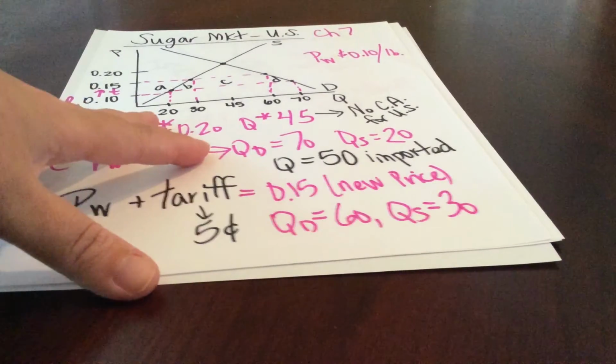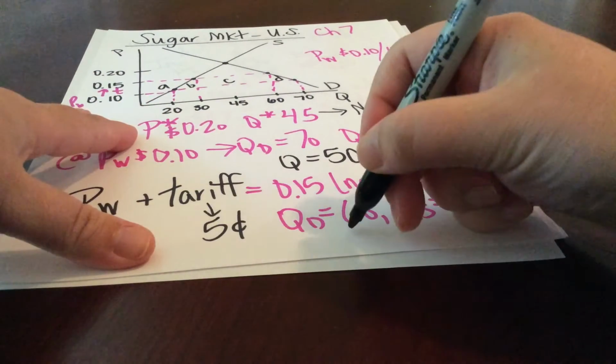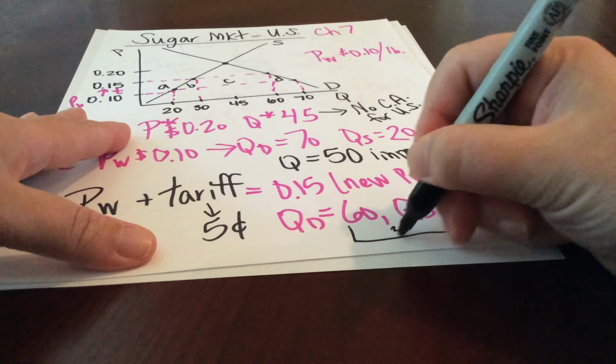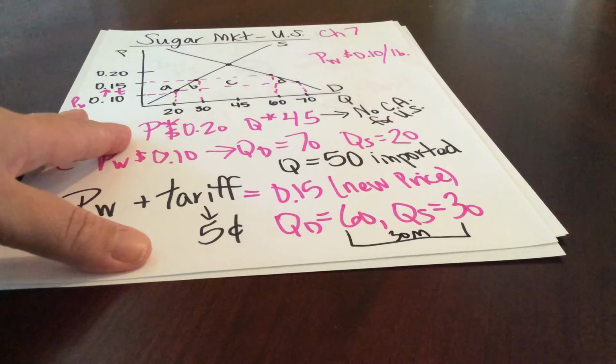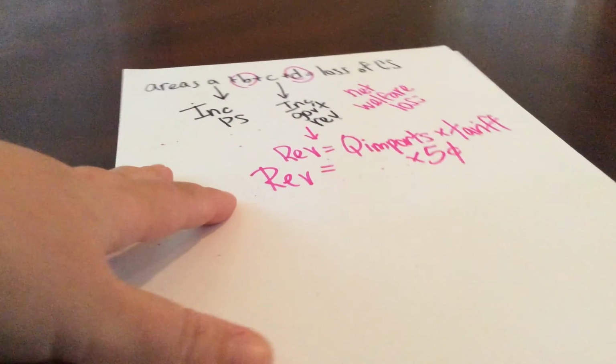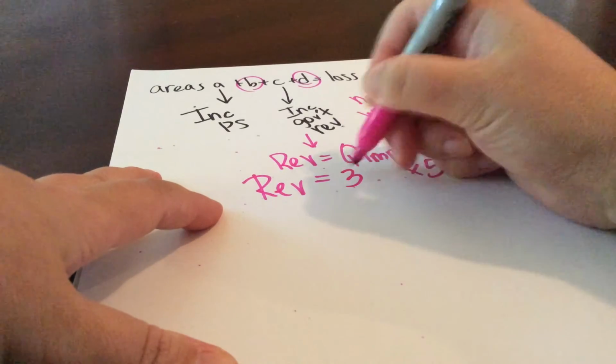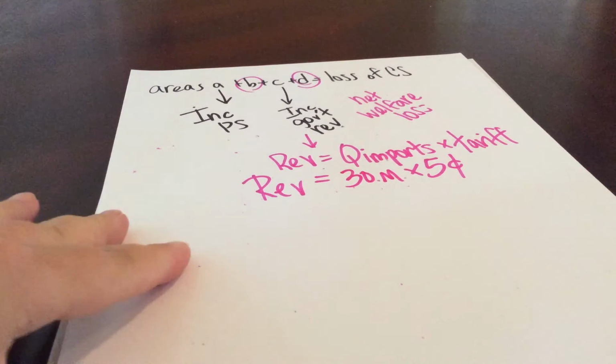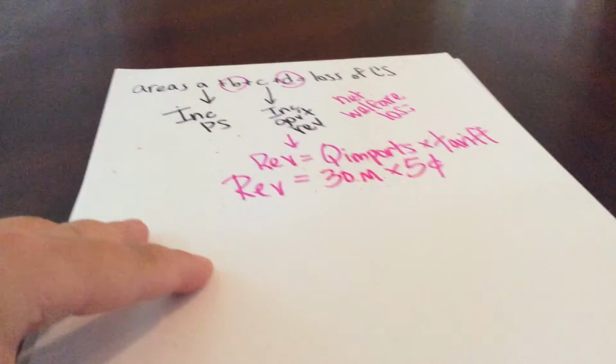The quantity of the imports is the amount by which quantity demanded still exceeds quantity supplied, and in this case, that would be 30 million pounds. So we could put in our 30 million pounds times the 5 cents, and that would be the increase in government revenue.